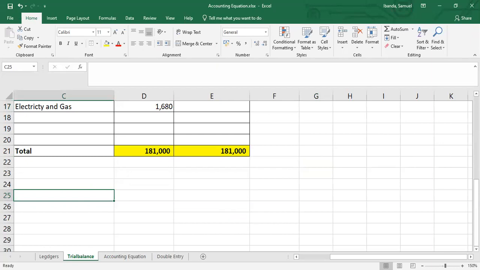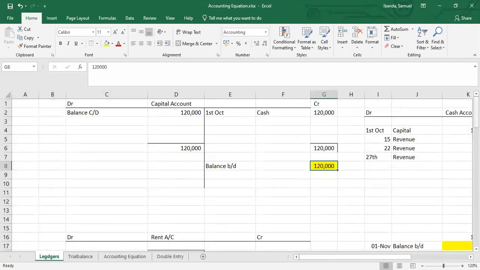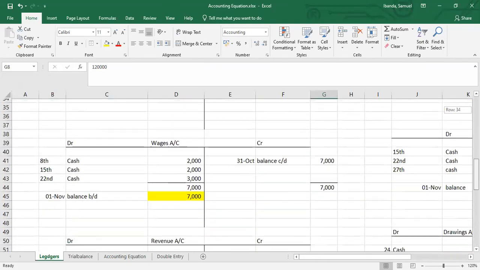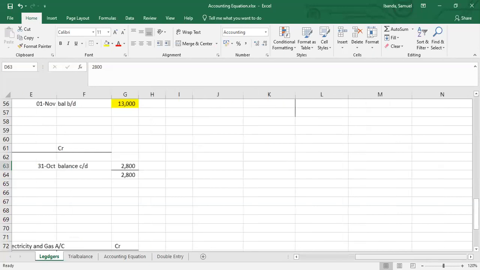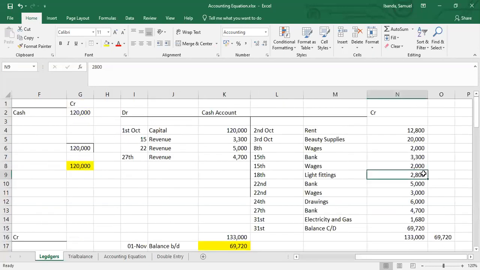Remember, this is what we did for that transaction, for the light fitting. We debited here and went into cash and credited. That is what we did. But this person will come and credit here, do the right thing.